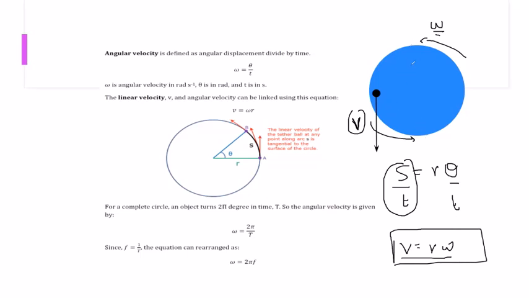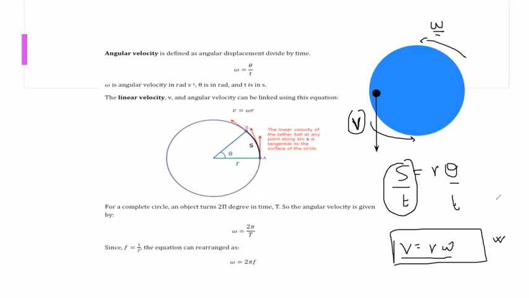Is it clear, this concept, the relation between the linear and the angular speeds? Any doubt? Yes, Hamza. Yes, sir. No doubt. Is it clear? Yes, clear. So the formula which relates the linear speed with angular speed, V is equal to R omega. So you have to learn this.